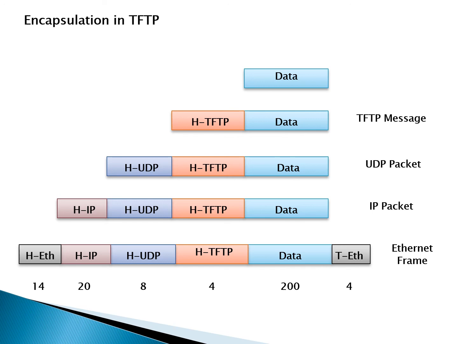When it goes up to the network layer, IP headers get removed. Then at the transport layer, the UDP header gets removed. And last at the application layer, the application header gets removed. And you finally get only 200 bytes of data. So this is the whole idea about encapsulation.